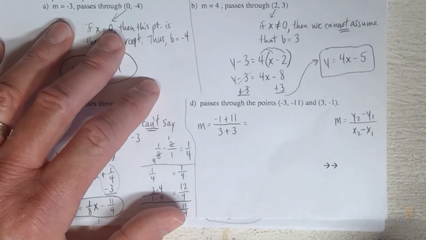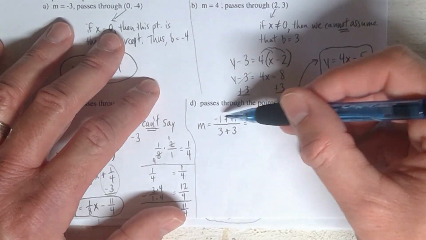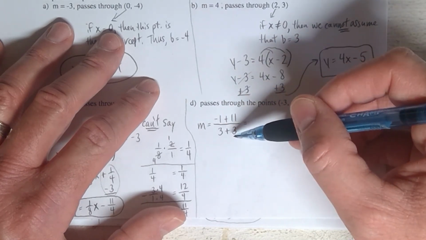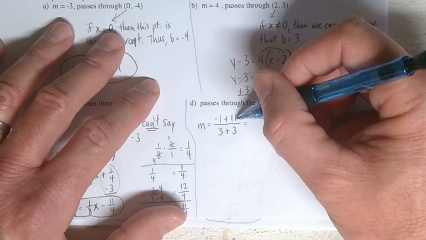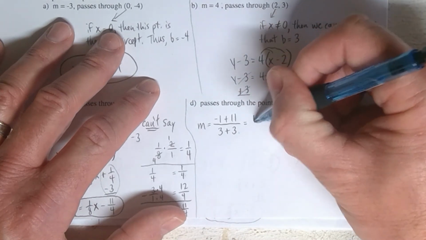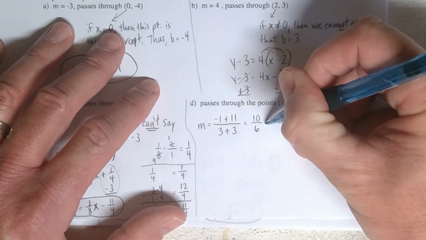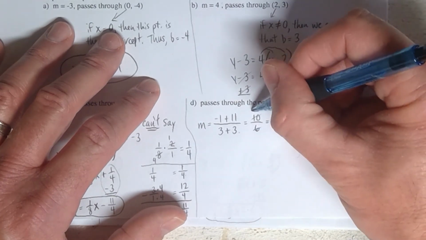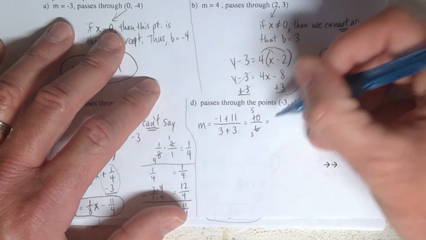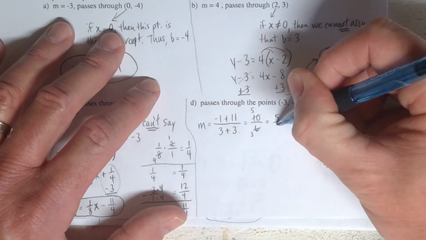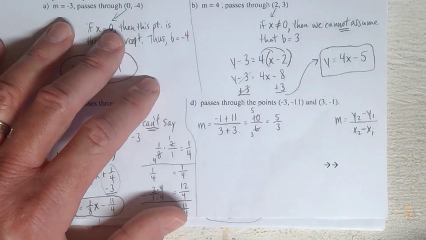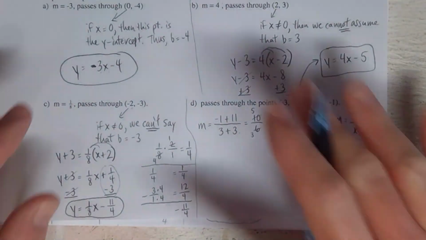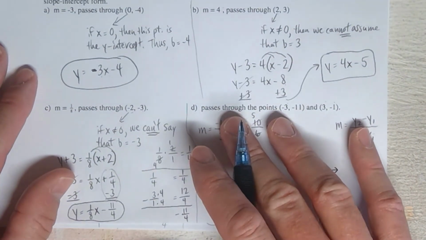And again, when you're figuring out the slope here with the two numbers being added or subtracted together on the top and bottom, just like we did in 4.3, figure out what those numbers are equal to first, and then put it in lowest terms. So 10/6, if I put that in lowest terms, that's going to be 5 and 3. And so the slope is 5/3.